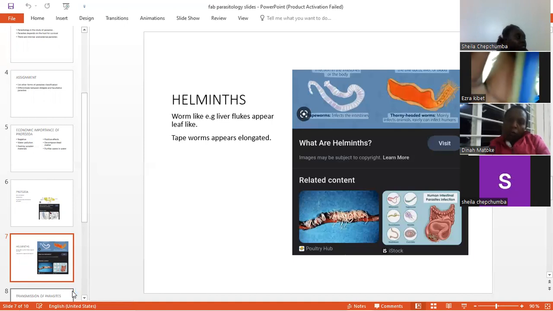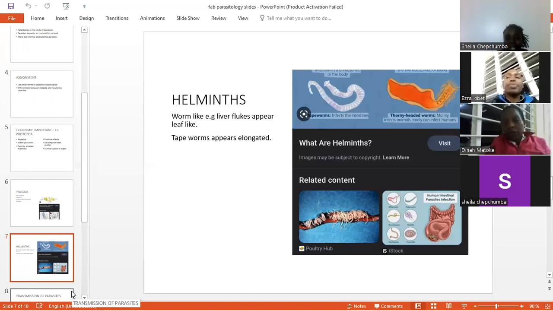Now, how do these parasites get transmitted? Any attempt? Sorry, what do you mean? Like, how are liver flukes transmitted? For tapeworms, I believe, is through the food we eat. For example, if you eat contaminated food, or food that is not properly handled, especially by people who are handling food, they easily transmit the tapeworms to you, and in the process, you get infected.